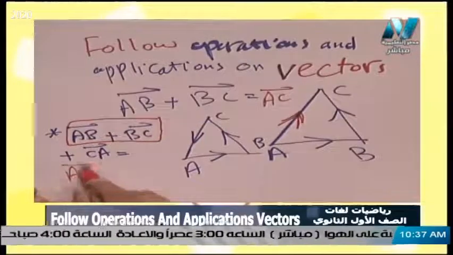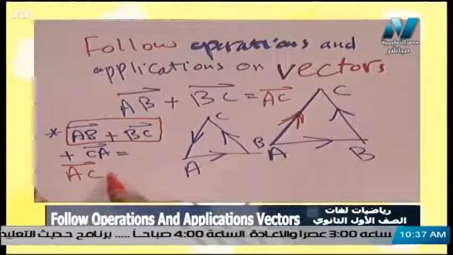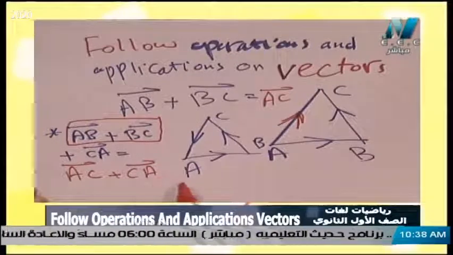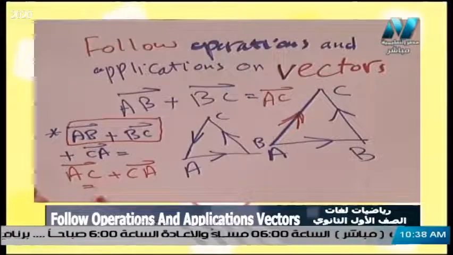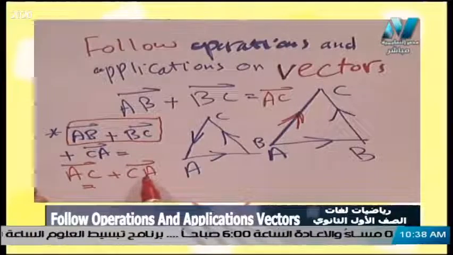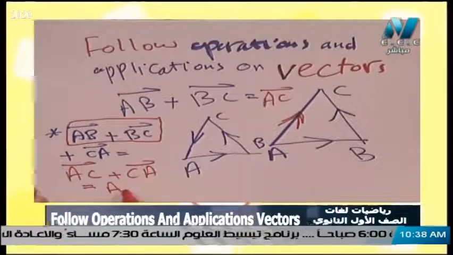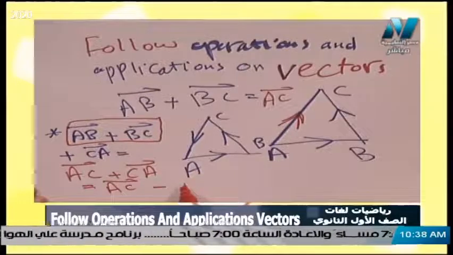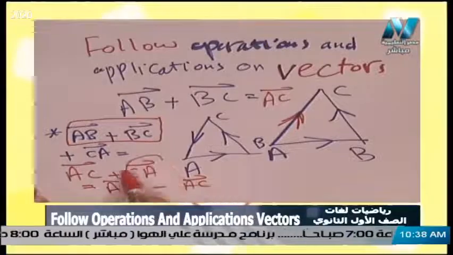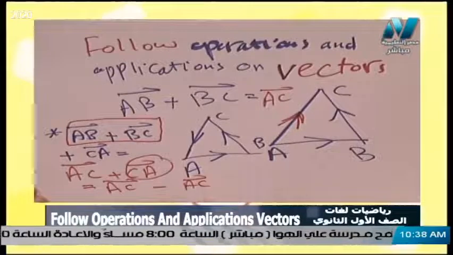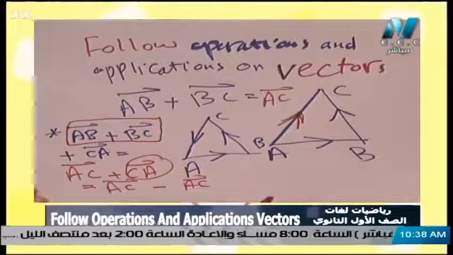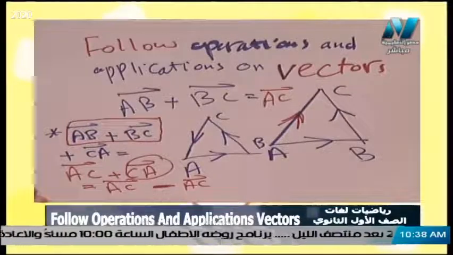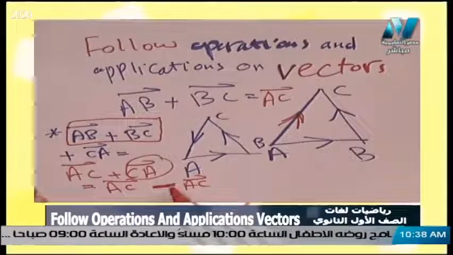So we now have the vector AC plus the vector CA, equals what? Of course, this vector equals negative this vector. In CA, we can swap the starting point with the end point and put a negative sign, because the direction will be opposite.